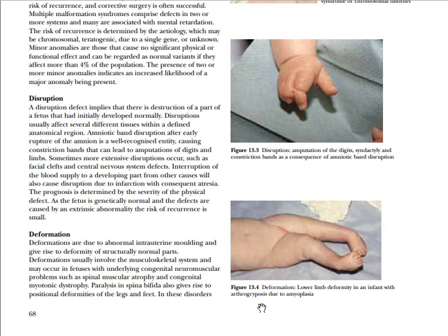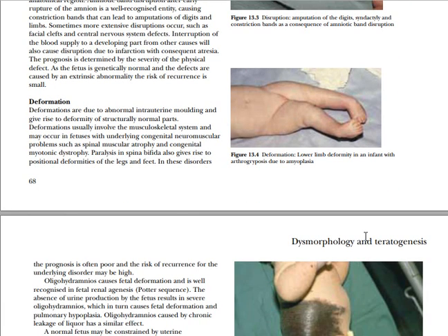Arthrogryposis is a lower limb deformity that just means you have a contracted joint of a neonate. Or you have clubfoot, characterized by the CAVE syndrome: C for cavus, A for adductus, V for varus, and E for equinus.